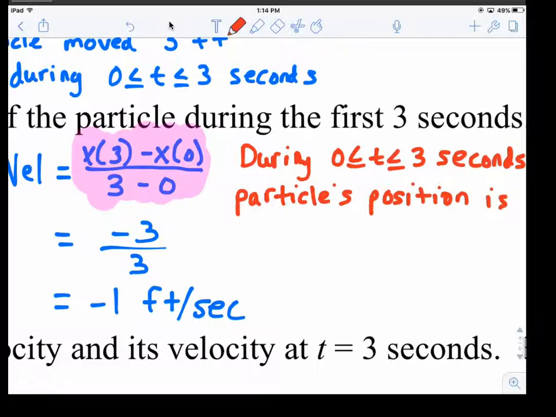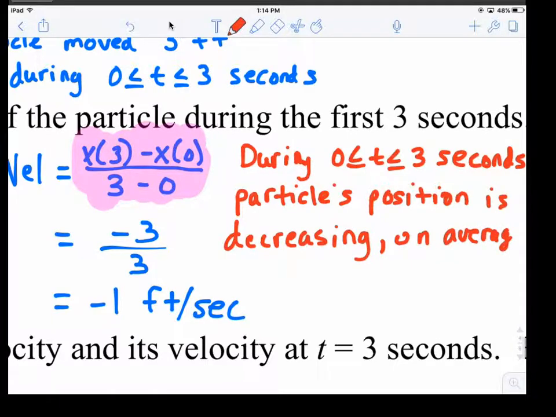It's negative. Decreasing, right. Decreasing on average of 1 foot per second.